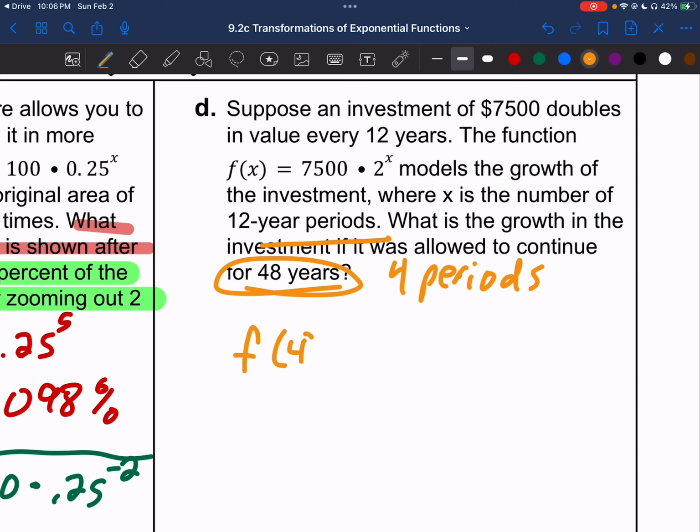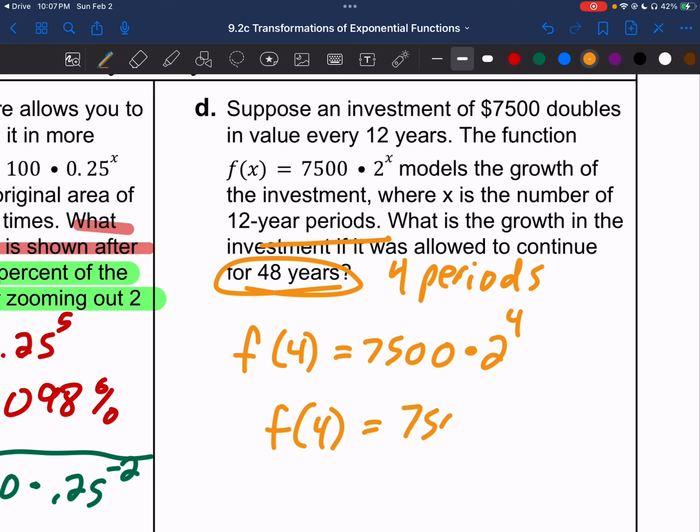f of 4 is equal to 7,500 times 2 to the 4th power. 2 times 2 is 4, times 2 is 8, times 2 is 16.